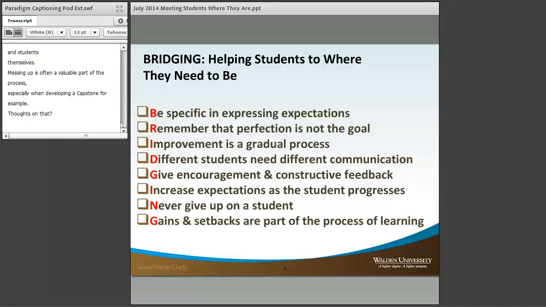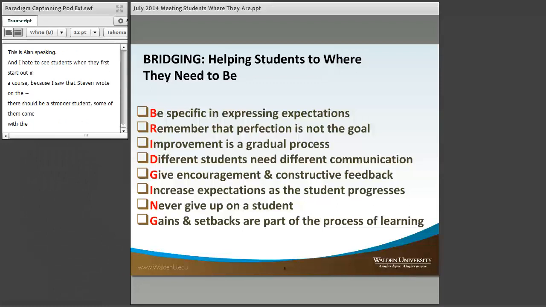I think that's very important with the gains and setbacks. This is Alan speaking. I hate to see students when they first start out in a course, because I saw what Stephen wrote on the 6th week, that they should be a stronger student, is some of them come in with the expectation that they have perfection.